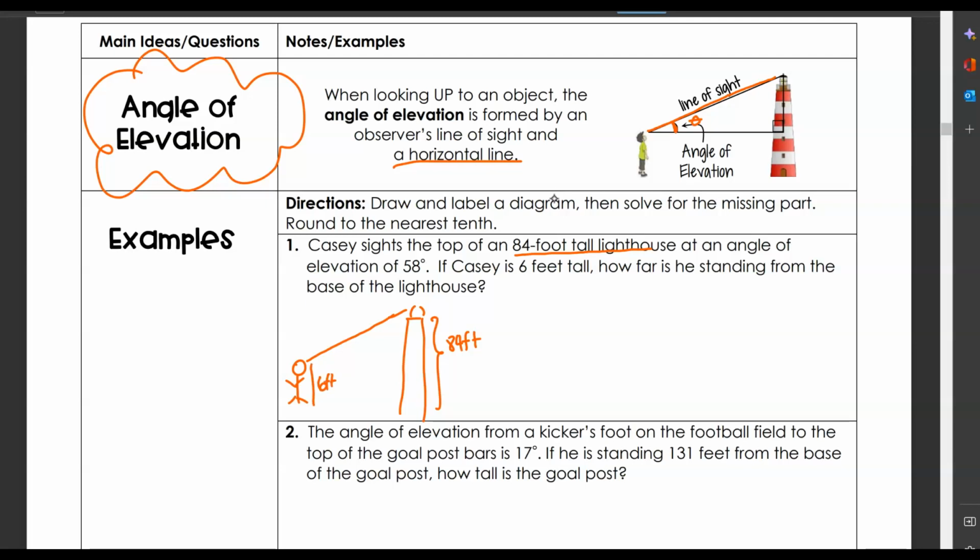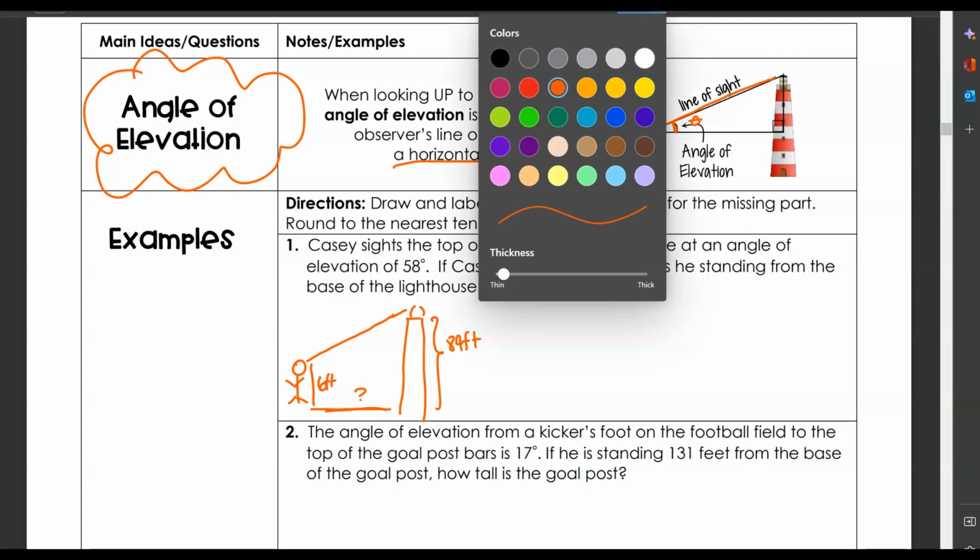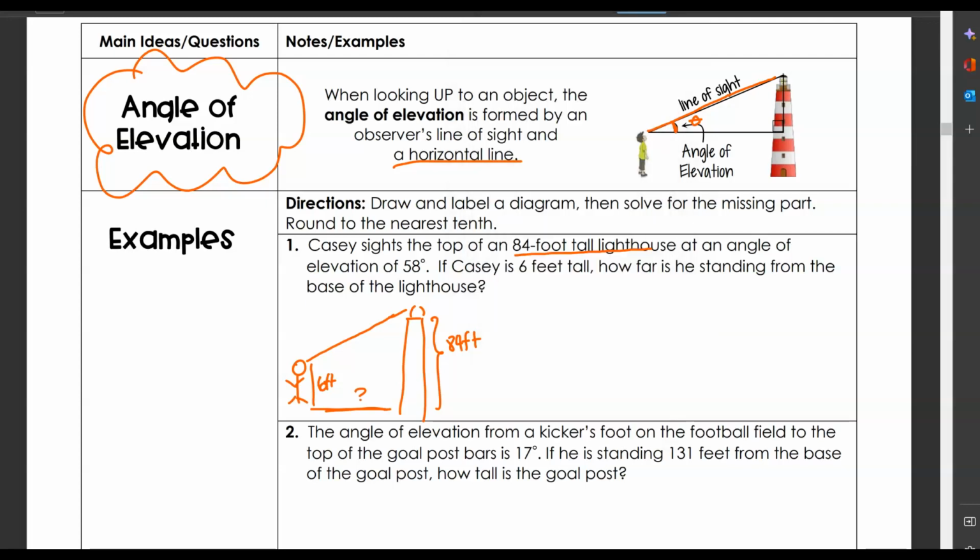How far is he standing from the base of the lighthouse? So now we want to know, what is this distance here? In order to use the work that we've been doing so far, we really need to turn this into a triangle. So notice I can go like this, right? And turn this in here. I know that this angle of elevation is 58 degrees. I want to know how far, so I'm really looking for this x value here.